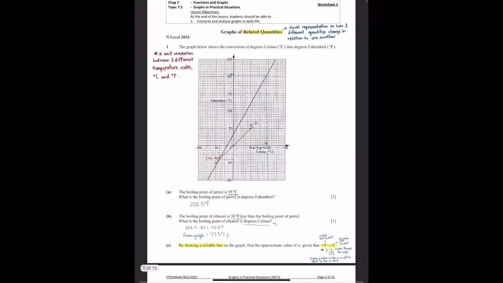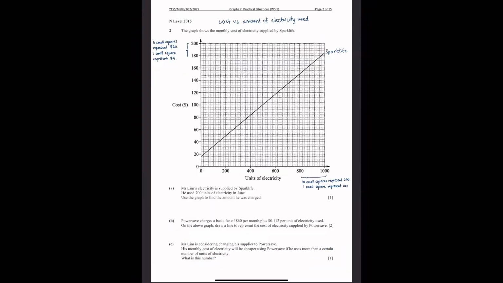This means your W here will be -40. So this is how you do part C. Now let's take a look at question 2. Question 2 is a graph that shows the monthly cost of electricity supplied by SparkLife. This graph represents the cost versus the amount of electricity used.